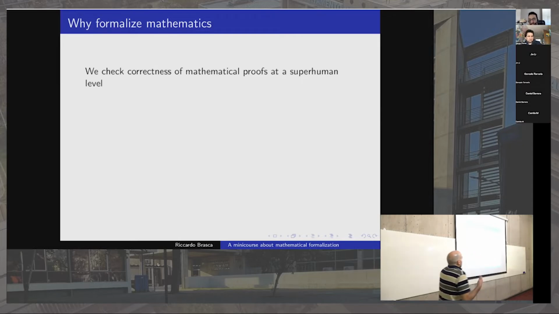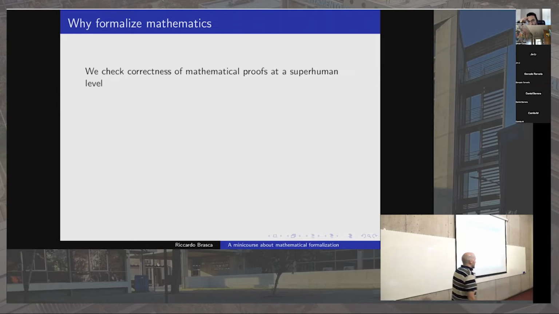Of course, the proof assistant has been written by humans, so in principle it's possible that there are bugs inside it, but the kernel is a very, very small piece of software, so it's extremely unlikely that there are bugs in the kernel.